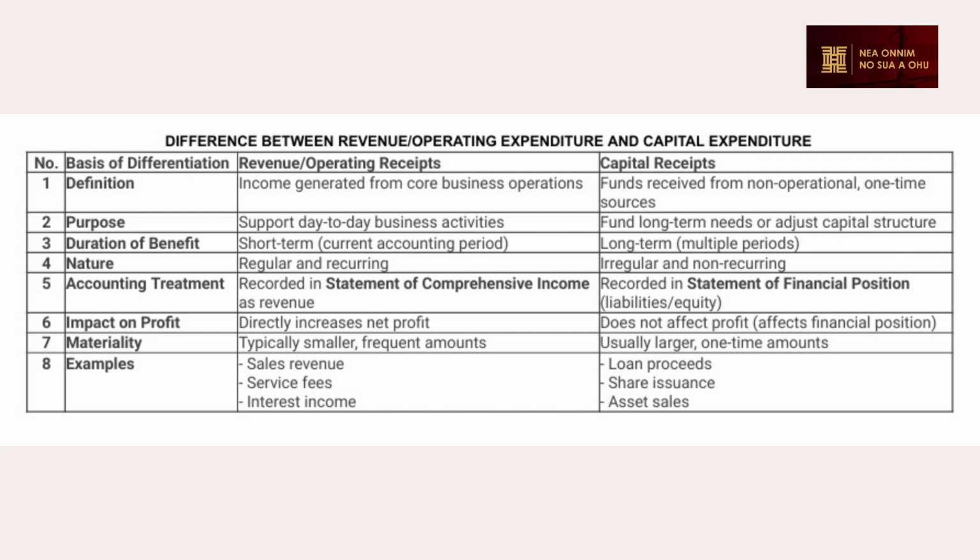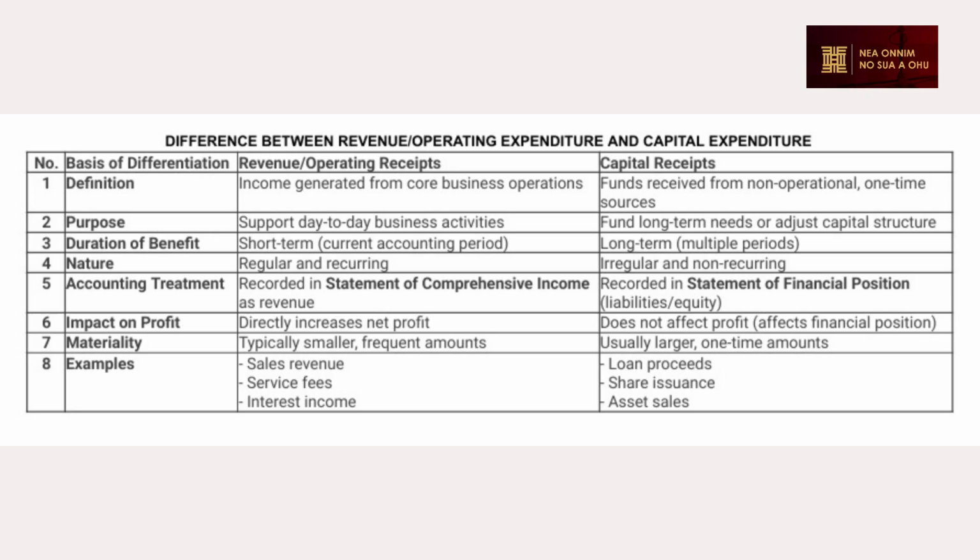Meanwhile, when it comes to capital receipts, typically they will be going either into capital, which is owner's equity, or will be going into liabilities, as maybe a loan, a borrowing, or anything of a similar nature. And so whereas revenue or operating receipts go into the statement of comprehensive income as revenue, capital receipts go into the statement of financial position as either capital or liabilities. So that is it when it comes to the accounting treatment.